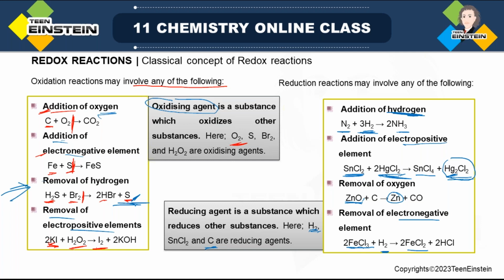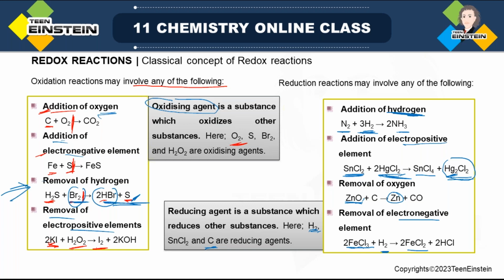So with respect to H2S and S, it is obviously oxidation of sulfur. But if you look at the bromine species and HBr, this is basically addition of hydrogen to bromine. Addition of hydrogen is reduction. That means if you focus on these two species, it is reduction. Now it may be a little confusing for you because under oxidation there are so many different ways we are defining it, and under reduction there are also four ways we are defining it. But this is the classical concept.